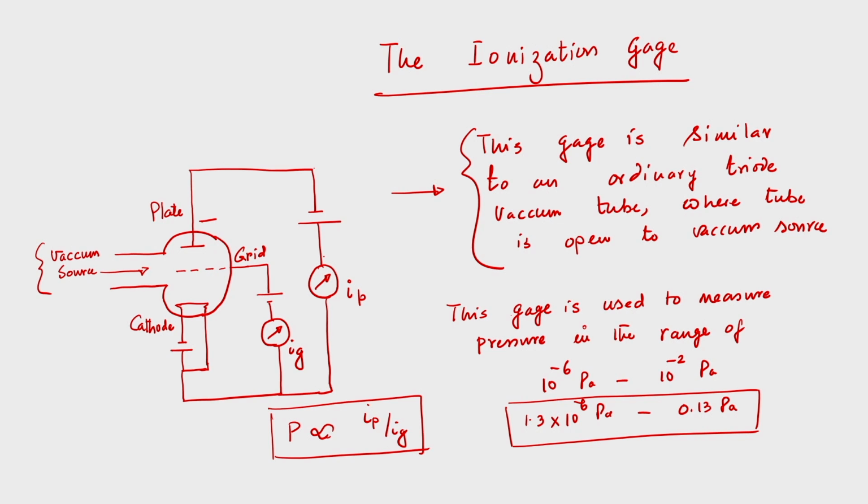If I go back to my previous slide, it is clearly seen that, construction wise, this gauge is similar to an ordinary triode vacuum tube, where the tube is open to the vacuum source. Now, if we look at the schematic, the heated cathode will emit electrons.